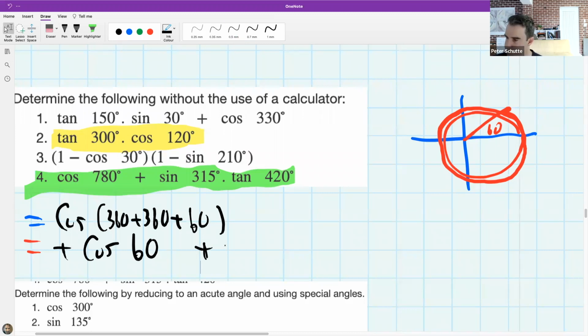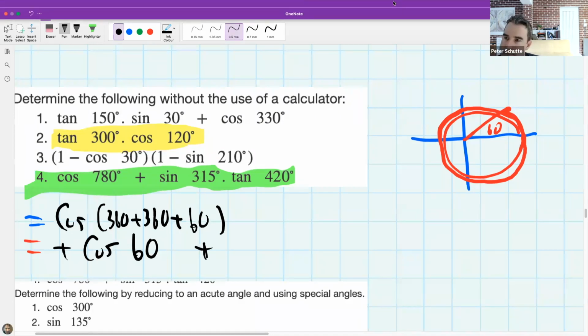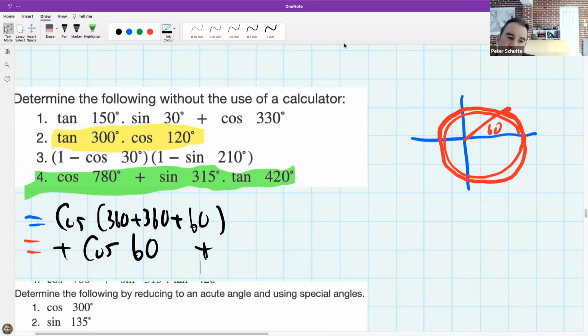Well done. I see some good questions going on in the chat. So what about sine of 315? What's that going to be? There are two ways we can do it.